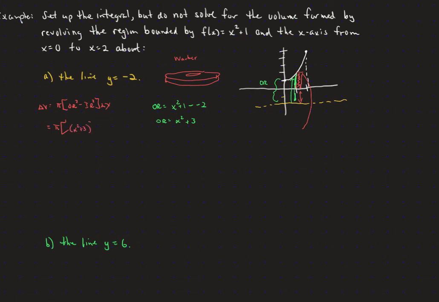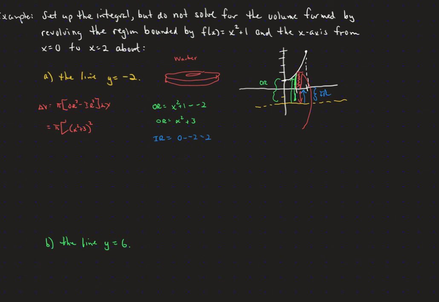Now our inside radius is going to be that distance from the line of revolution to the edge of the hole. So that distance is going to be our inside radius. And again, that's a vertical distance, so we're going to go top minus bottom. And the top curve is just the 0, and minus the -2 is going to make that inside radius 2, and it's the same all the way through.